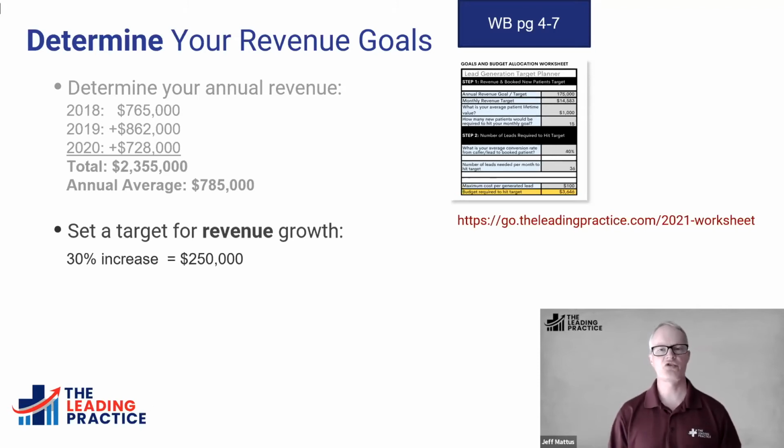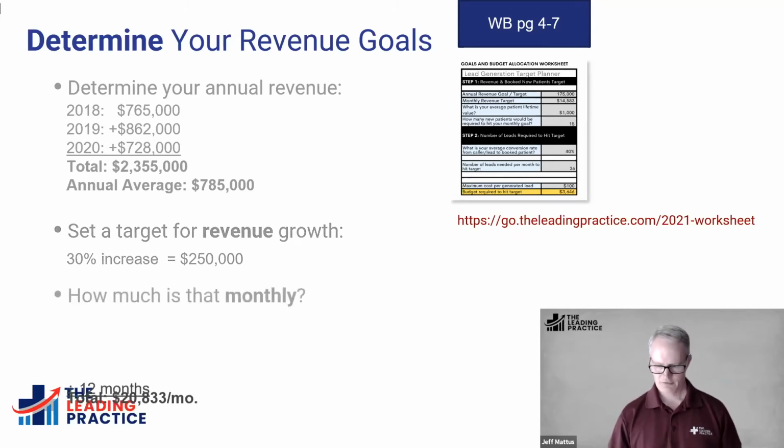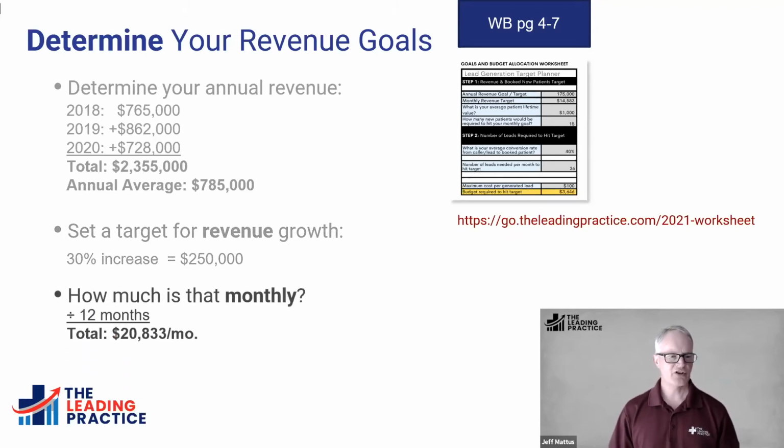Do the calculation with us so that you can have some good figures to know exactly what your roadmap looks like by the end of this exercise. So how much is that revenue monthly? We take the 250,000, divide that by 12, you come up with $20,833 a month.